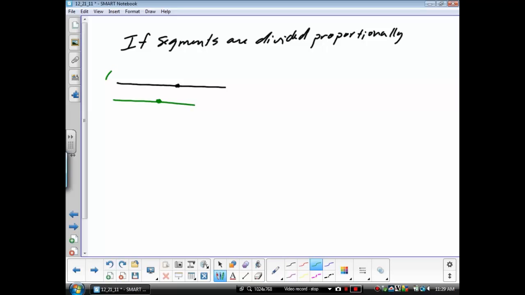But what it does mean, if we can label these points, is that we have a proportion that's formed with the lengths.